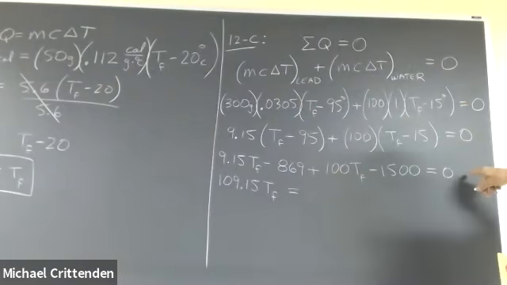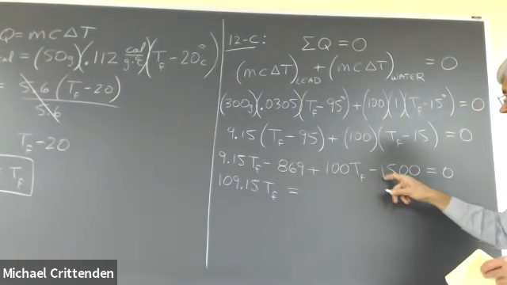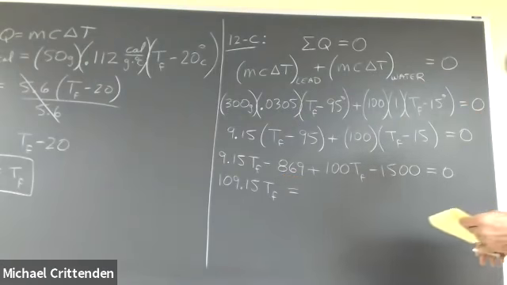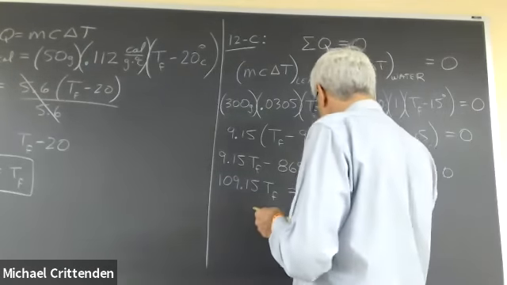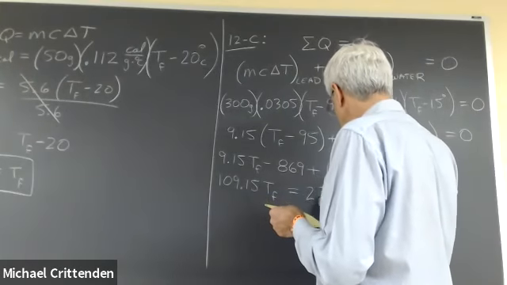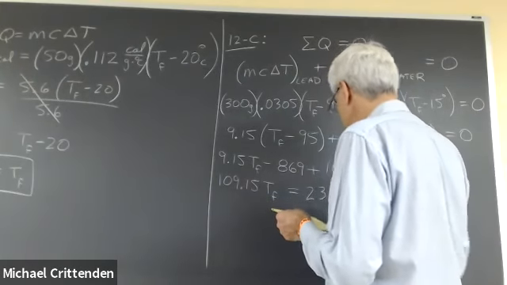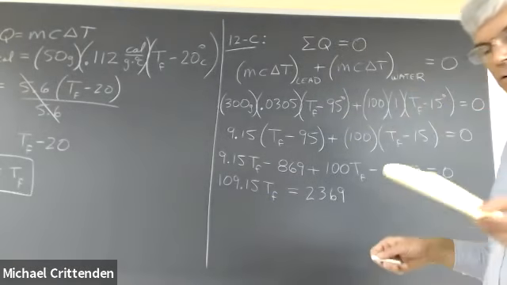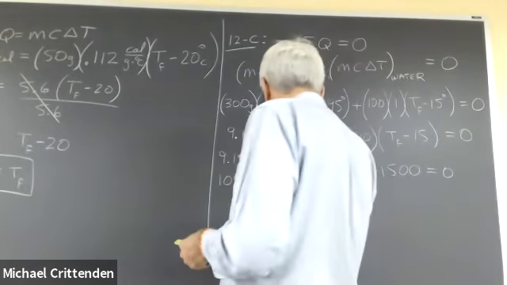I'm going to add these two negative numbers to both sides. Add 869 to both sides, add 1500 to both sides. And when you put them together, that's 2369. Finally, you divide.